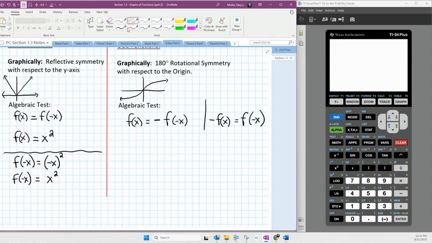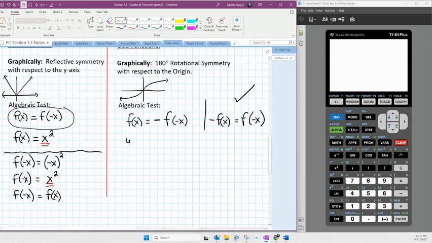But what do we know x squared is equal to? It's equal to f of x. So I can substitute and replace it, and I get the statement that f of negative x equals f of x, which is what we said had to be true for it to be an even function. I think it's going to be this test over here, by the way.